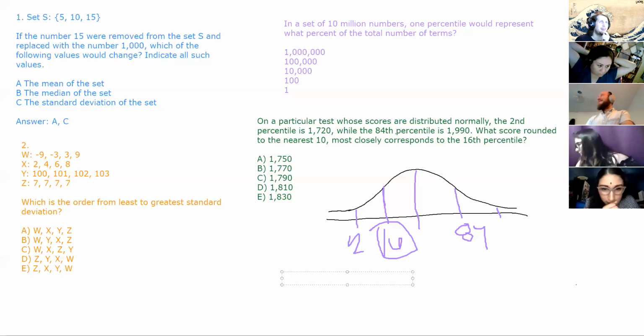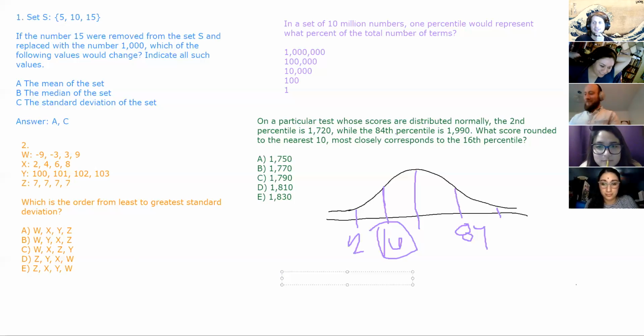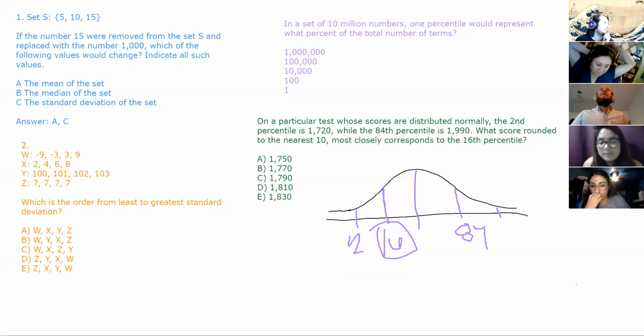Alid, mind if I talk for a moment? Okay. Vanessa is right here in that the key to solving this problem is realizing what exactly those 16 and 84% mean, and those 2% mean.